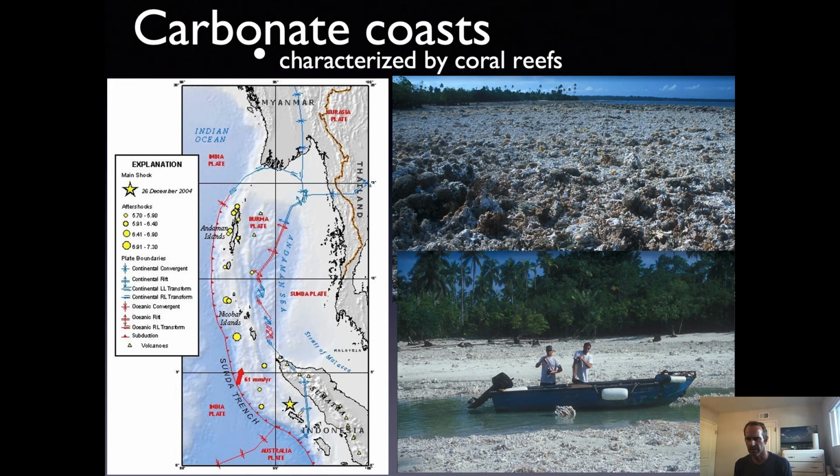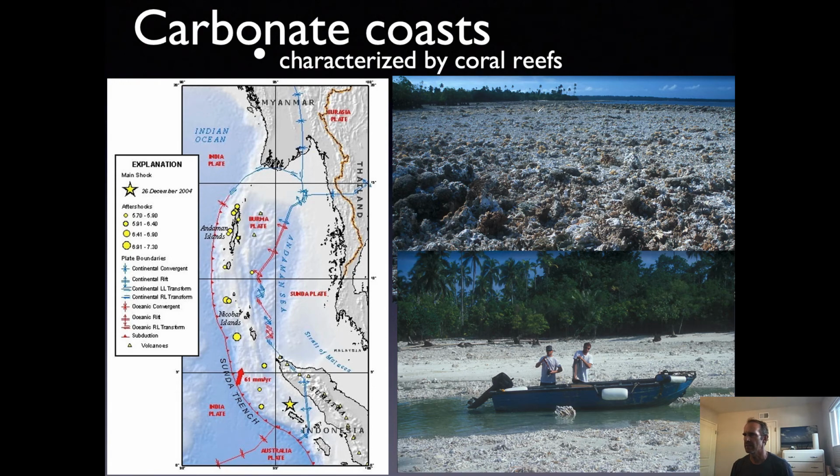A lot of these islands in the South Pacific are rimmed by reefs, so the waves don't really actually hit the beach most of the time. Instead, they break on the reefs and their energy gets dissipated. But these pictures I show because this is reef that was lifted up after the 2004 earthquake off the northern island of Sumatra in Indonesia, where a big subduction zone, it's very fast-moving tectonics here, lifted this reef in one single earthquake, and that's why it's all white.